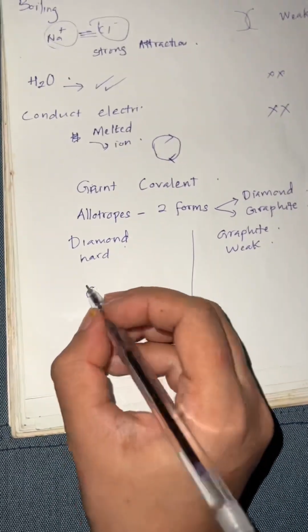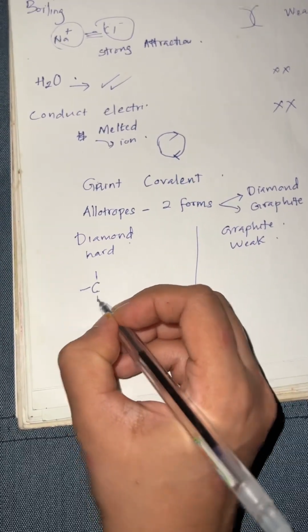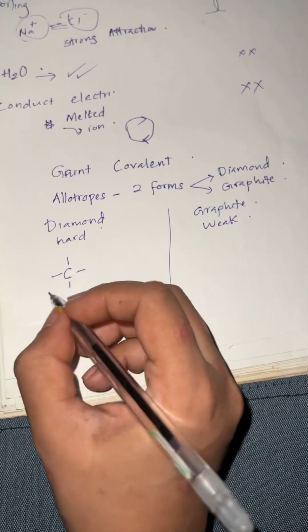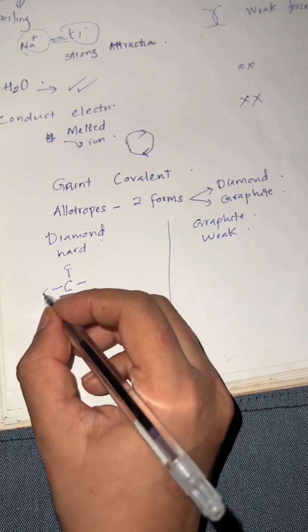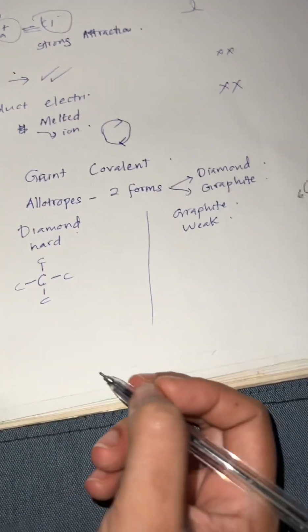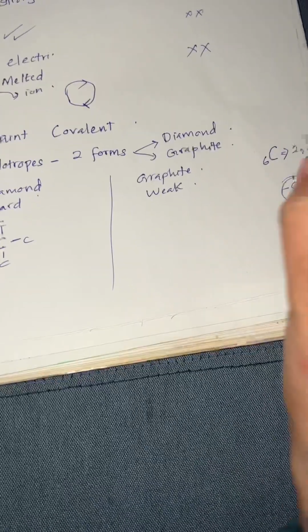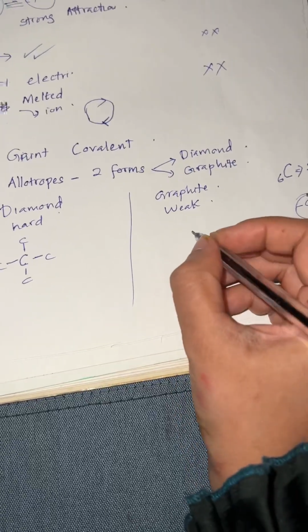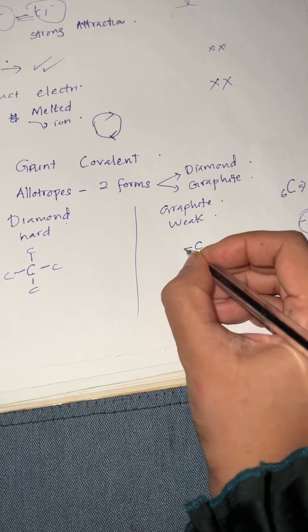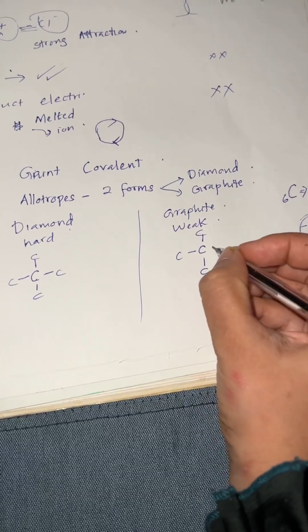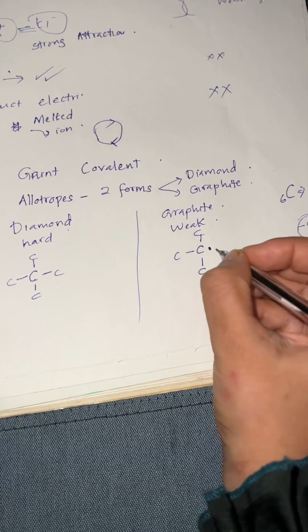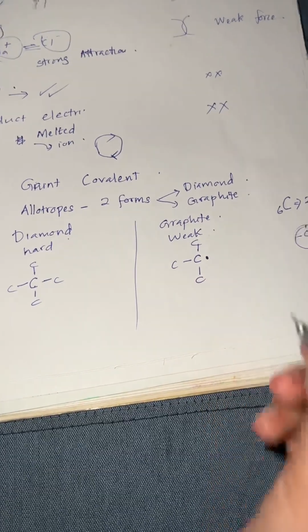So in diamond it's binding with all 4, bonds are bound with another carbon, and it goes on like that, forming a giant lattice. But in graphite, only 3 of the carbons get paired with the others, and there is an extra lone electron.